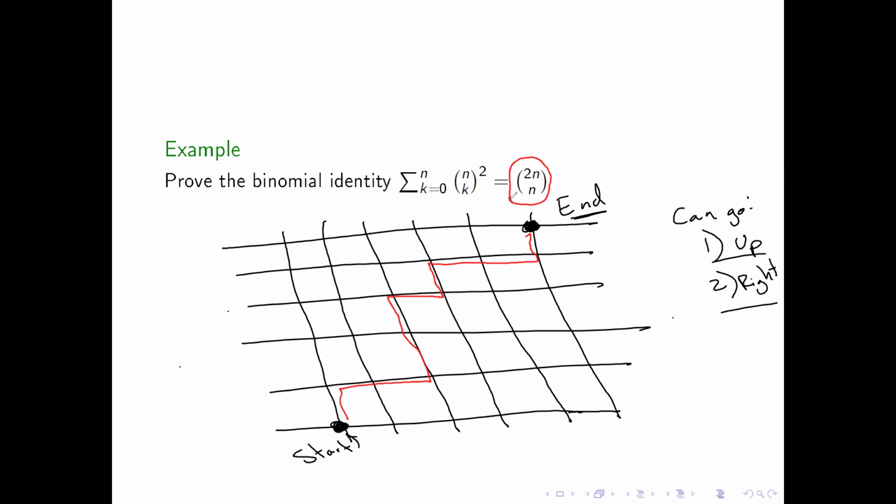Yeah, if we're just assuming that we're starting down the bottom left corner, using only ups and rights, it's the number of ways to do those walks. Are we okay with that?